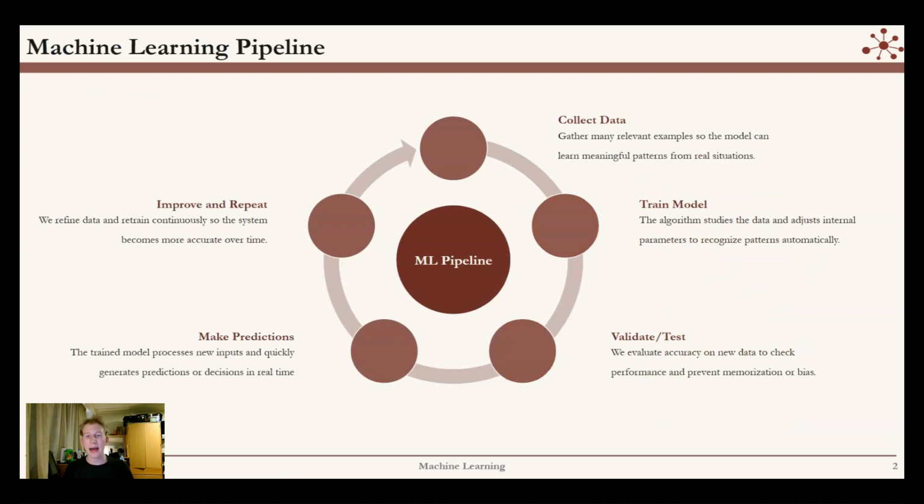And then you validate and test your accuracy, and you need to give new data, which is key, not your old data. If your model is working with new data that it's never seen before, that's good, and it's able to start making predictions. That trained model is able to process these new inputs and start generating decisions in real time. And then you can iterate on that and improve and repeat it, so your model becomes better over time.